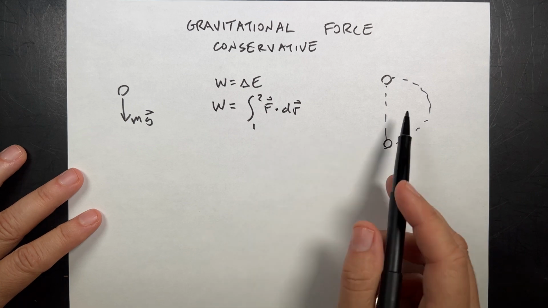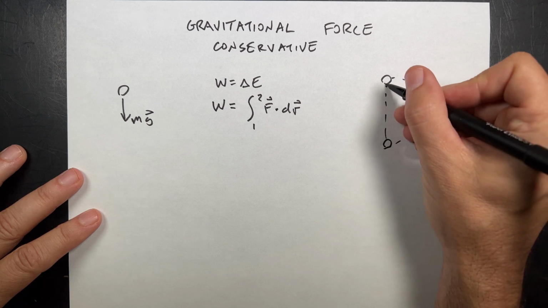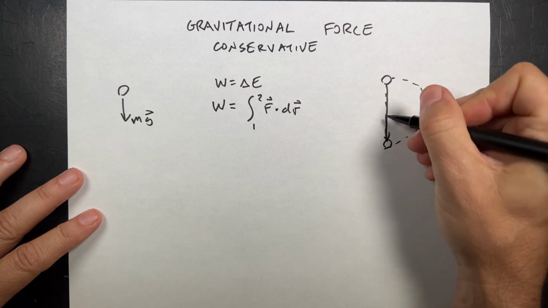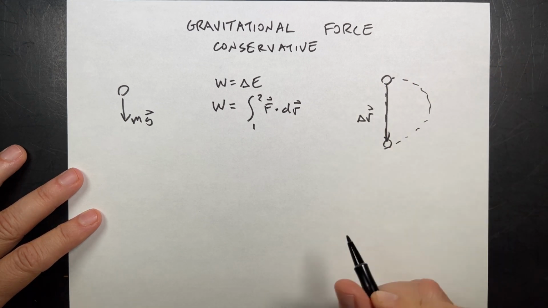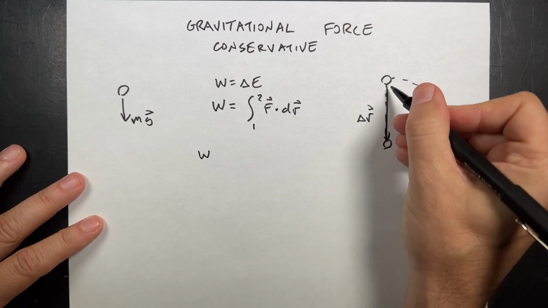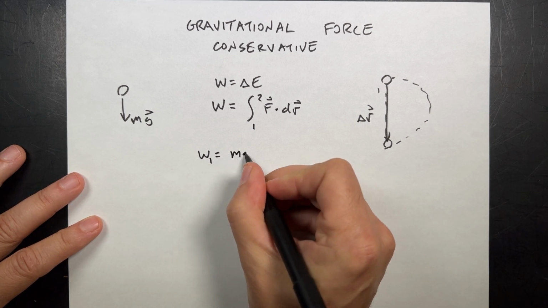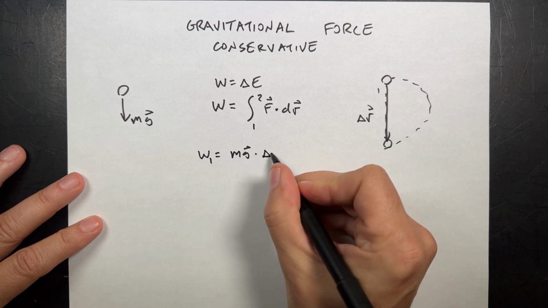If it's a simple situation, we can do this for the work done by gravity along this path right here. I can just take delta r, this whole thing, as a vector. Delta r is a constant. The gravitational force is constant. So I could say work, this is called path 1. Work for path 1 is going to be the force mg dot the displacement delta r.